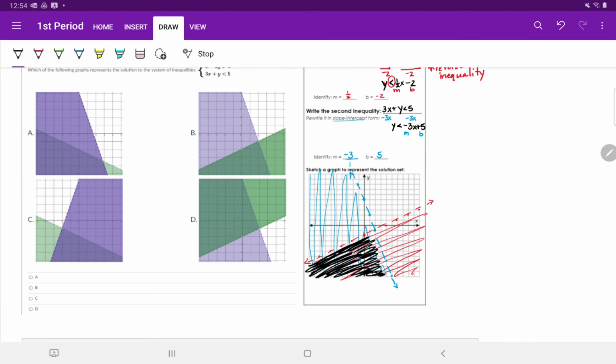Just visually looking at these, notice that nothing over in this area is shaded, so this is wrong, this is wrong. We're looking at either A or B, and my two lines intersect right here, which is this point, so it looks like our answer has to be B. So we'll fill that in, B for our answer for number 9.